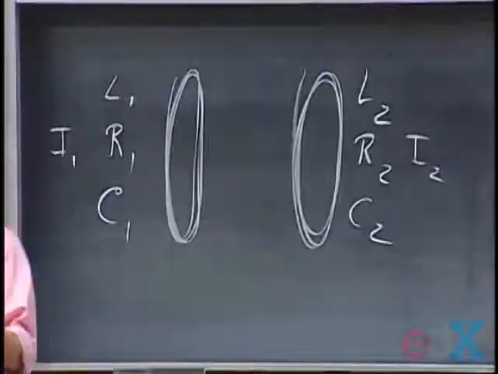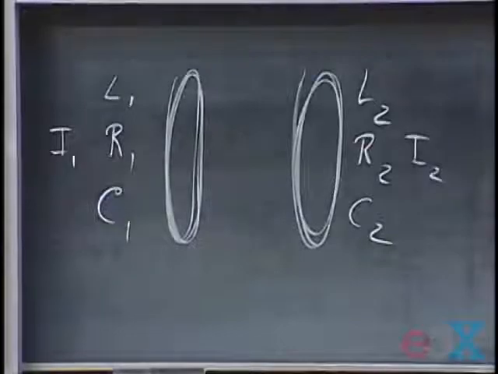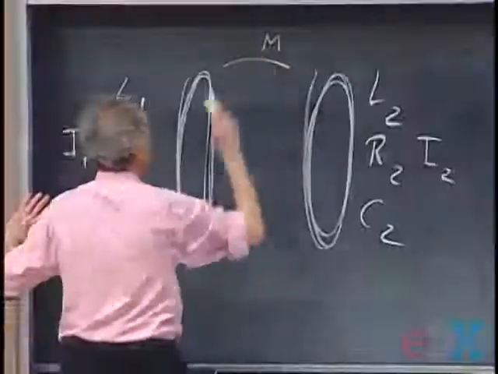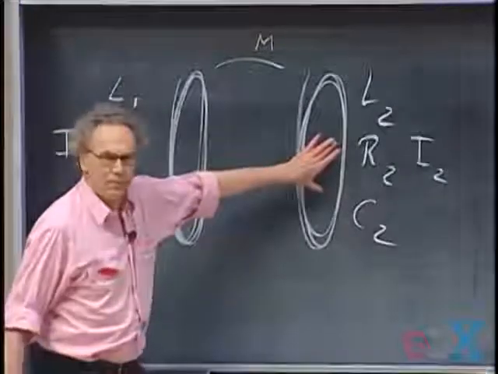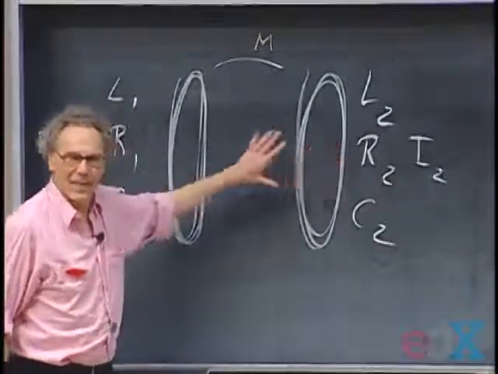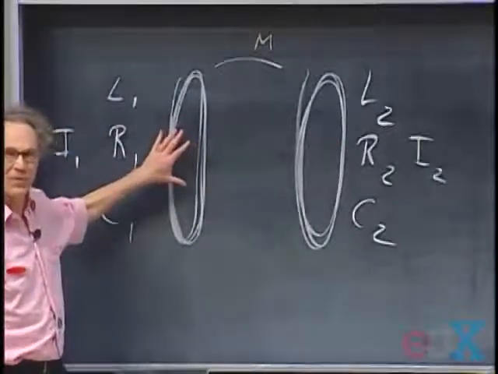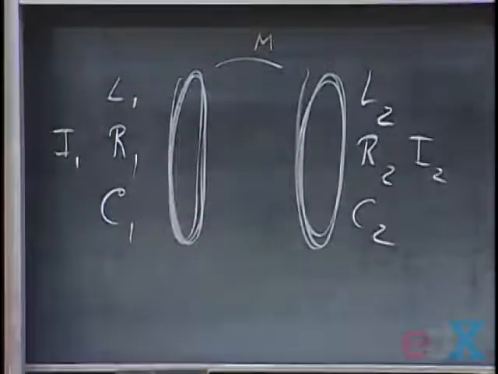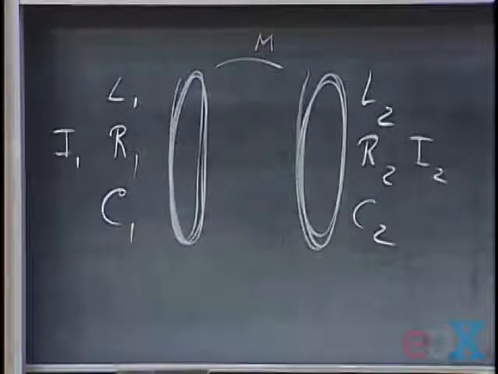The problem, but at the same time the trick, is that there is a mutual inductance between the two, because when this one produces a current I2, there is a magnetic flux going through this one. That's why we call it mutual inductance, which we have never really dealt with in any detail in 8.02, and we won't.